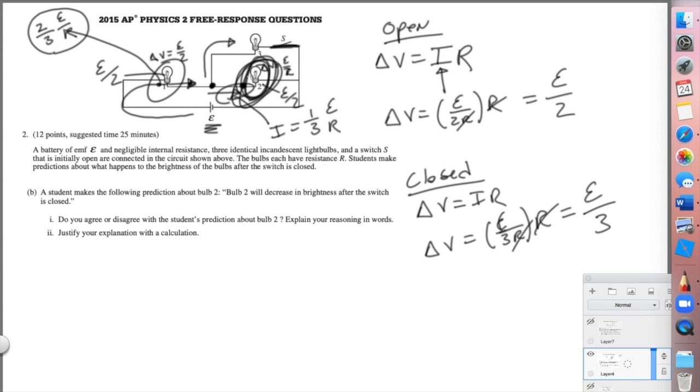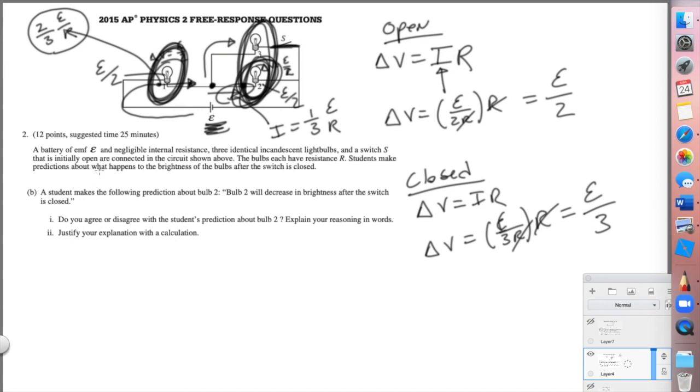So what that tells us is 1/3 of the voltage of the battery is across bulbs 2 and 3. Because remember, when resistors are in parallel, they always have the same voltage. So 1/3 of the voltage of the battery is across bulbs 2 and 3, which means 2/3 of the voltage of the battery is across bulb number 1.